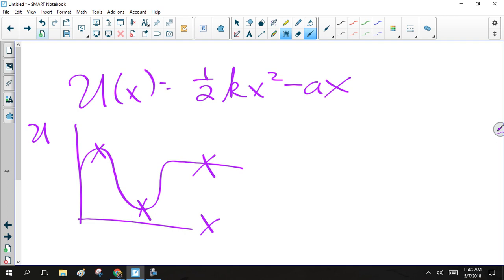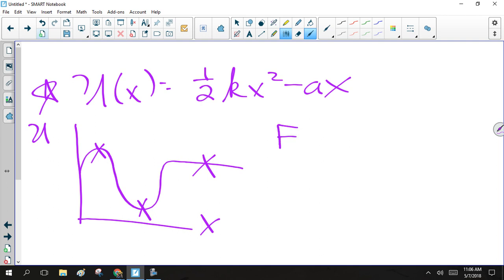So we want to find a point where our net force is 0. So let's start there. So how do I get from this function to net force? Derivative, right? With respect to x. Okay?